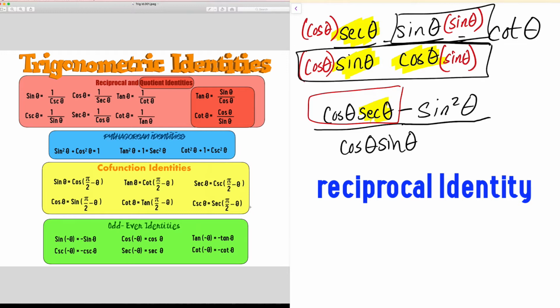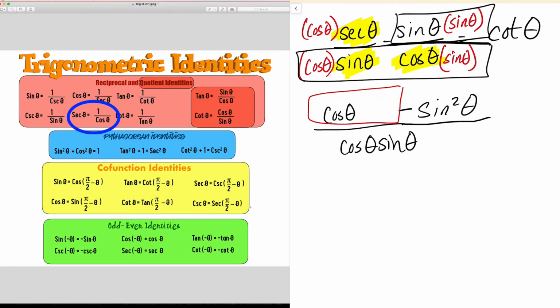Secant theta is actually 1 over cosine theta, so let me put that there. So it's cosine theta times 1 over cosine theta, and I hope it's obvious that I can cross these out and I end up with just 1 over 1, which is 1.